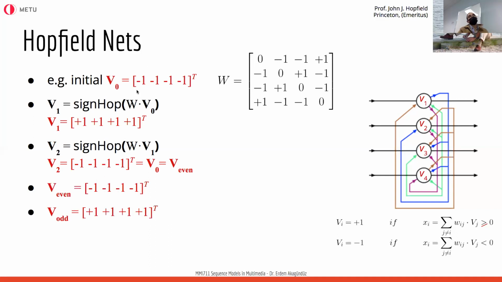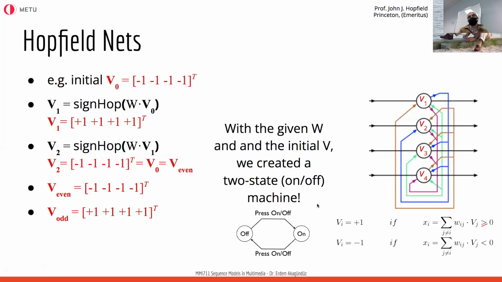Because when I feed the same example, I get this. So when I call it even times, it is -1, and when I call it odd times, it is +1. So this is like a two-state on-off machine. And it's a very nice design because if I'm feeding either of these, this guy can tell me if the input sequence is odd length or even length.